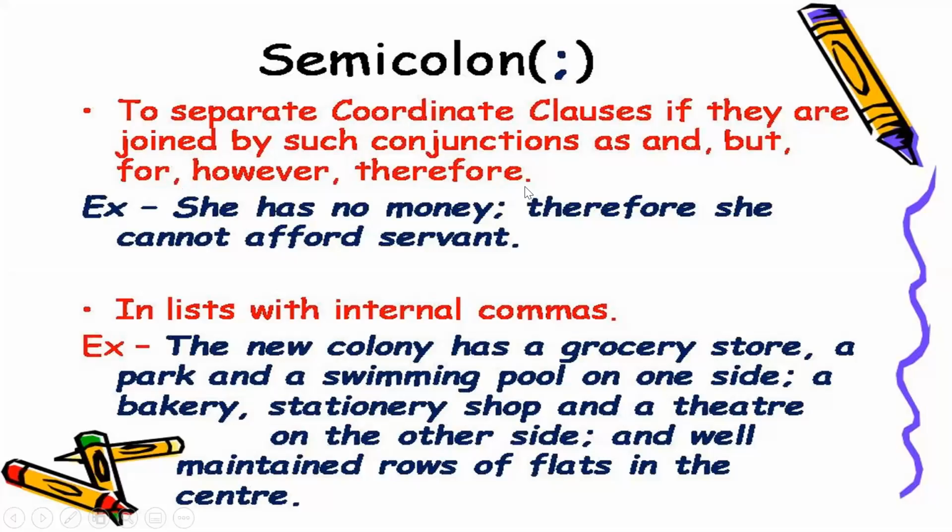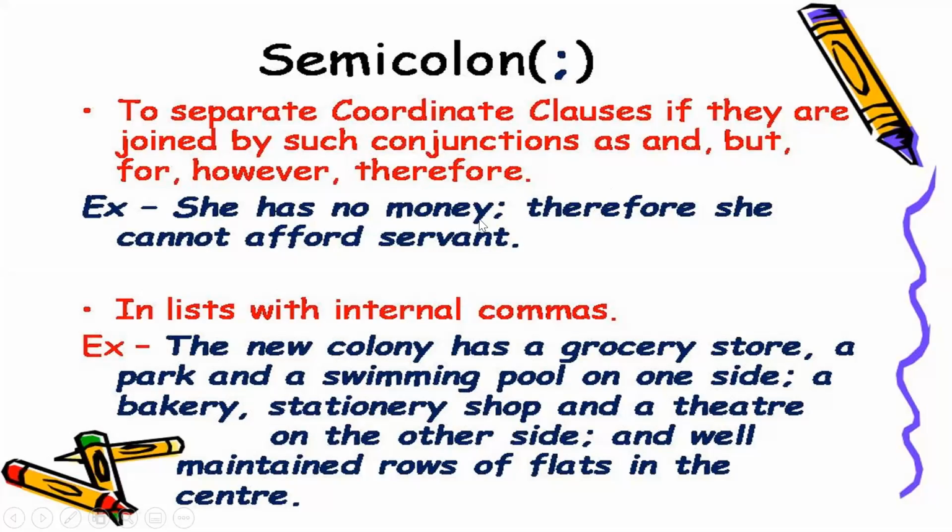However, therefore, these are subordinating conjunctions. So if you are joining two independent clauses and the two clauses become coordinate clauses, then you can put a semicolon.